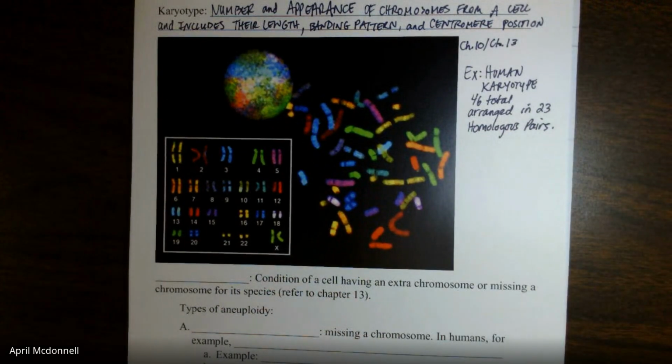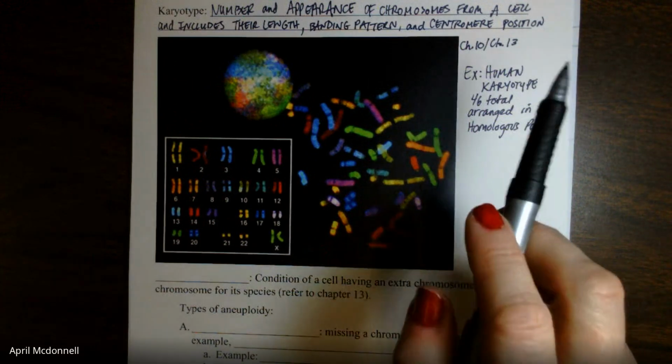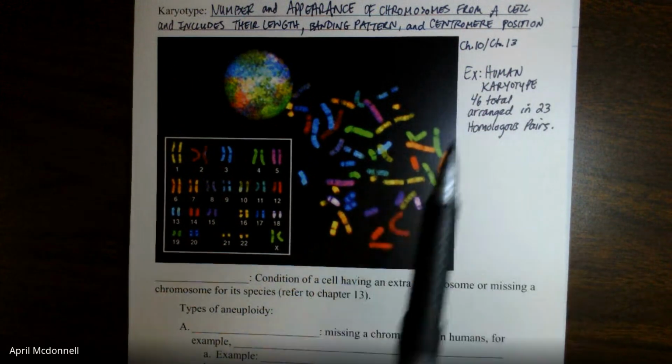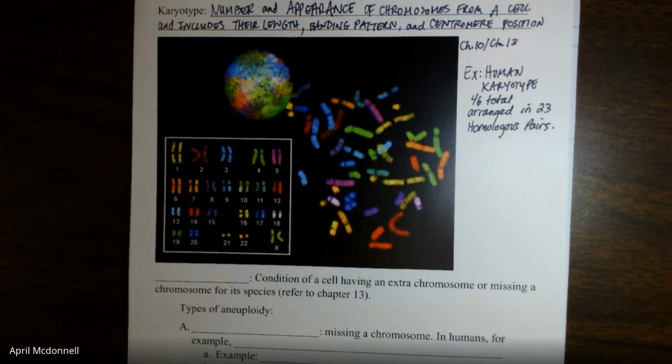A lot of times a karyotype can be developed in order to tell you if an individual has the normal number of chromosomes or an abnormal number of chromosomes. So we know that the normal number of chromosomes in a human is 46.